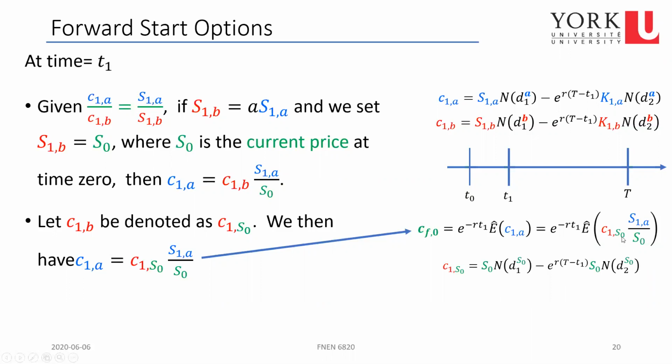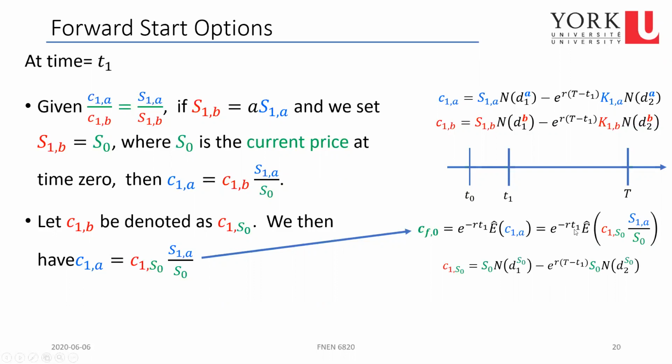So this call price is a constant. This stock price is a constant. The only random variable here is this S1A. And we're taking the expectation of this, okay?